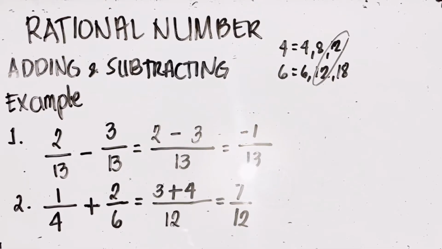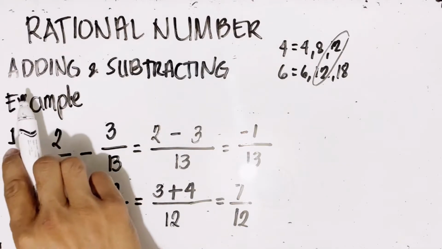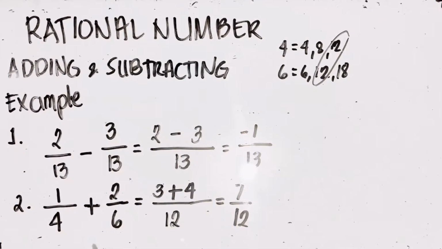There is a shortcut method, or a different method, in adding and subtracting rational numbers wherein the fractions are dissimilar. So if ever you have denominators that are not the same, you can use this method.